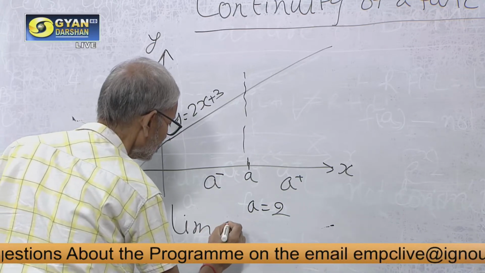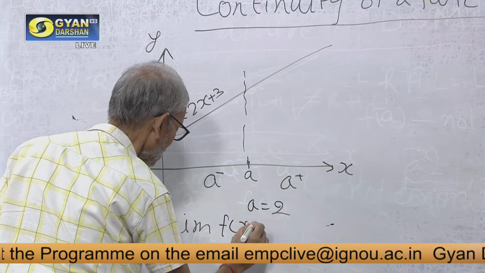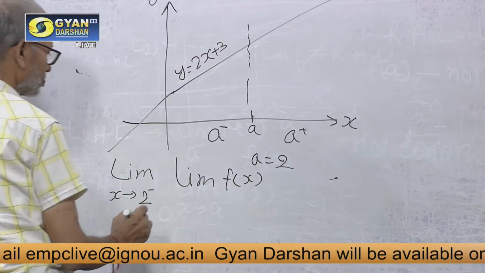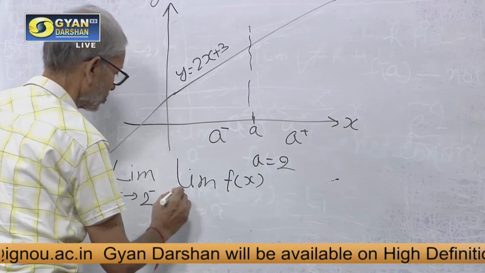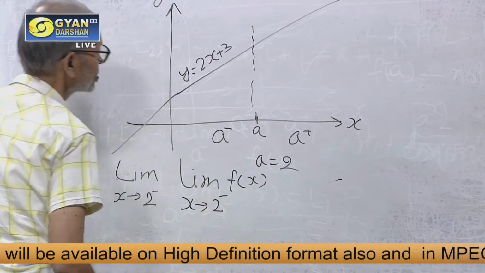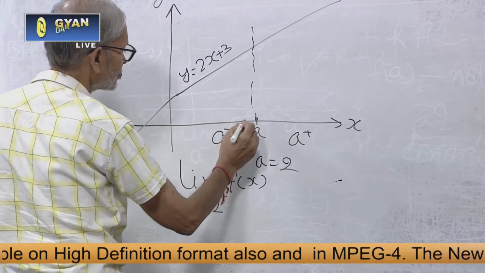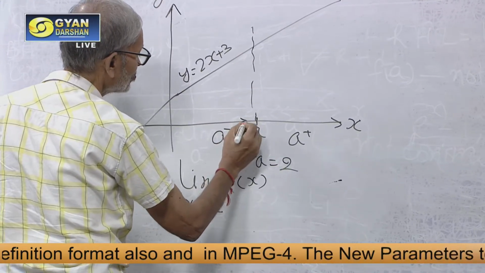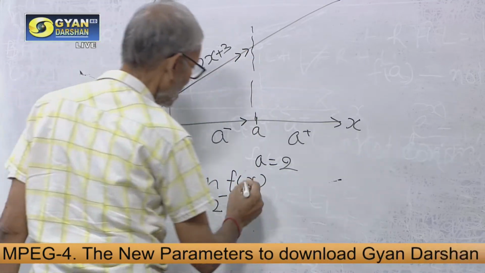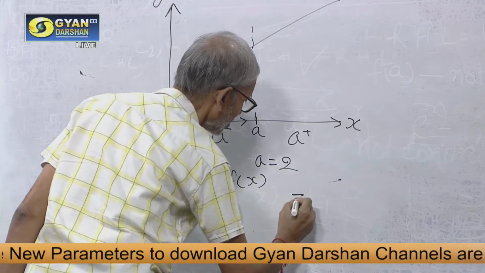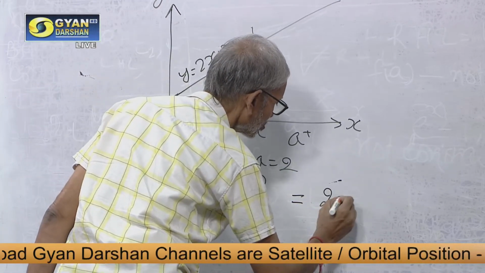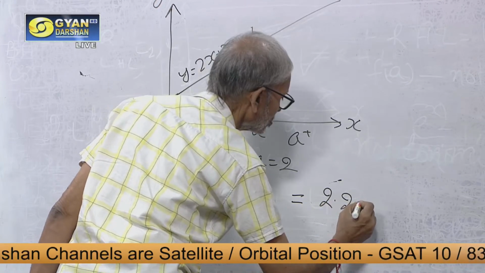So, 2 minus will be limit f x, x tends to 2 minus. So, it means that when we approach from this side, what will be the value of y, f x? This will be equal to 2 into 2 plus 3.